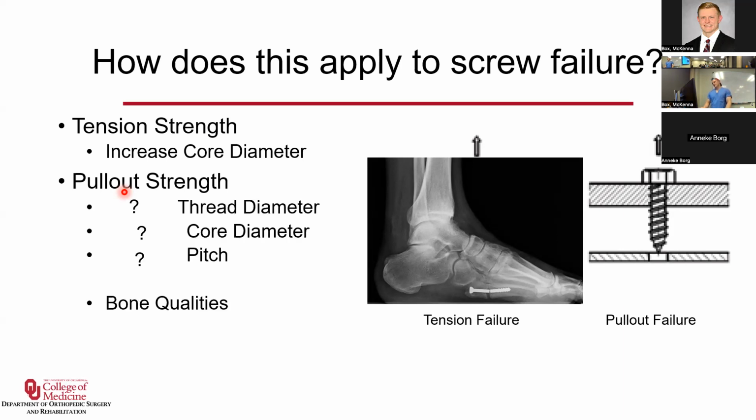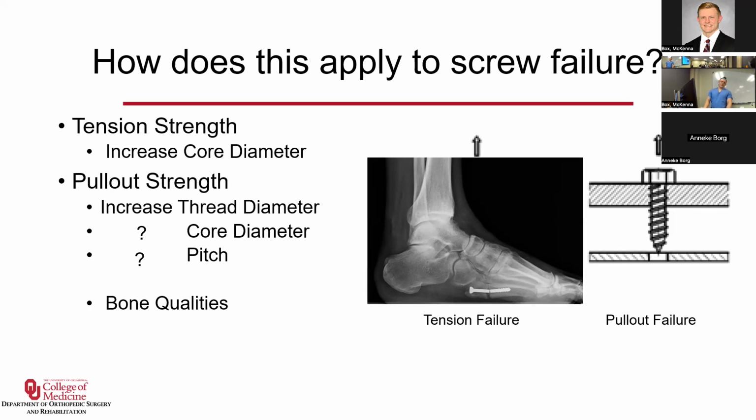The pull-out strength basically tells you how easy it is for you to pull out the screw. If it's gripping really well, you're not going to be able to pull it out. And there are certain things with the screw that you can change to increase your pull-out strength. The first one is to increase the thread diameter.